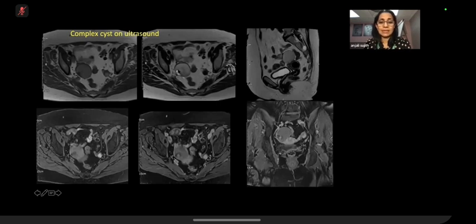We can see focal high signal foci within the lesion, which is of low signal on T1 and T1 fat suppressed, but it enhances on contrast enhanced images. You can see this is a cyst with hemorrhage with an enhancing solid nodule. So this again is CA ovary, and the histology showed it to be an endometrioid type of tumor.